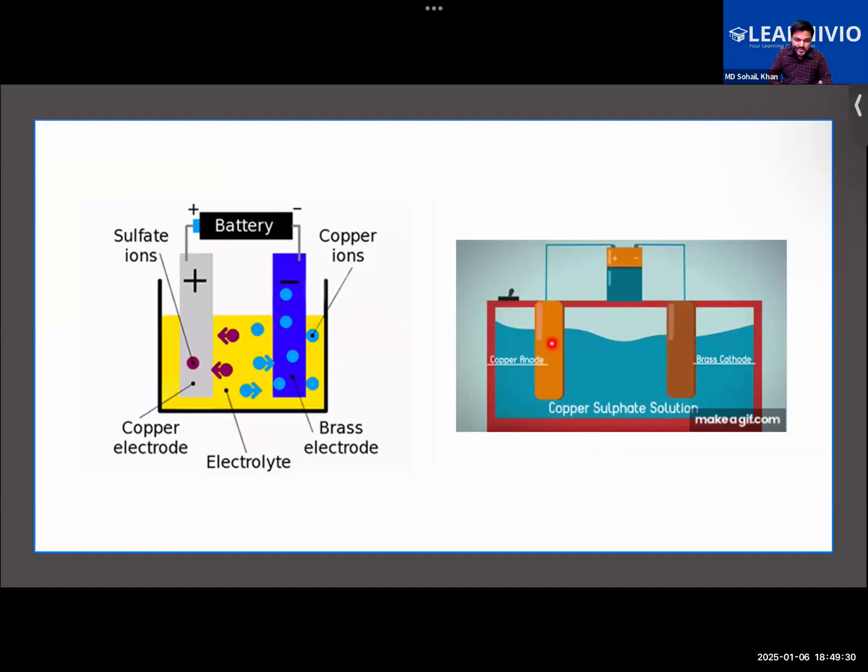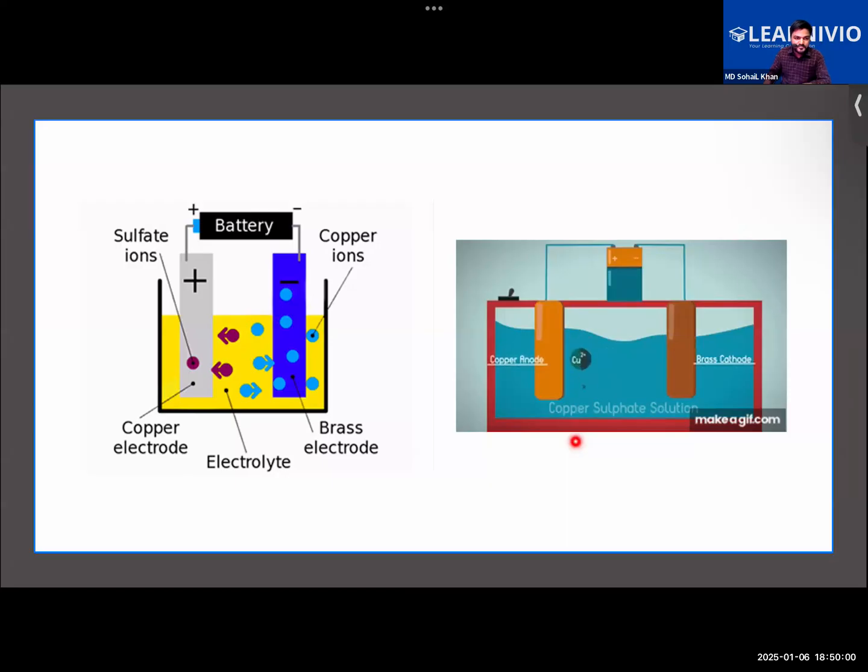For example, we are coating copper over the brass, so the electrolyte must have copper in it. Getting it? So we have chosen a copper sulfate solution here. The salt of the metal that has to be electroplated should be used here. Copper sulfate is the salt of copper.